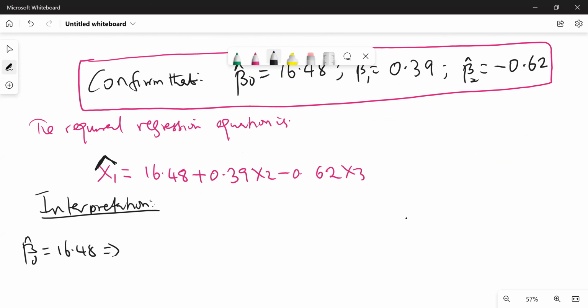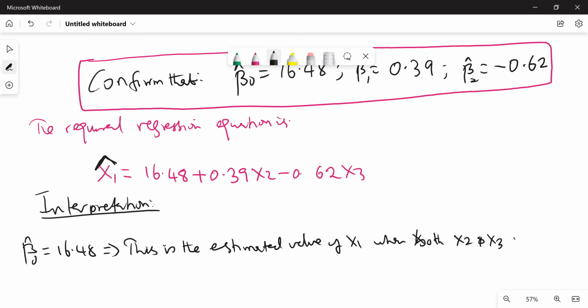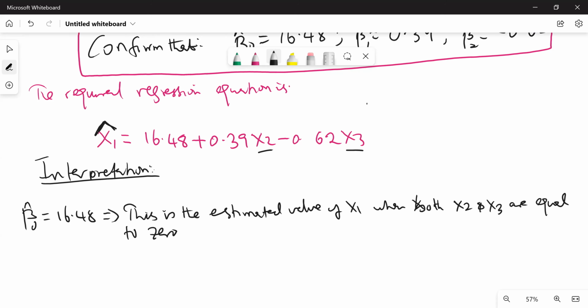This just means that this is the estimated value of x1 when both x2 and x3 are equal to 0. In other words, when you set this guy and this guy simultaneously to 0, then the estimated value of x1 is 16.48.